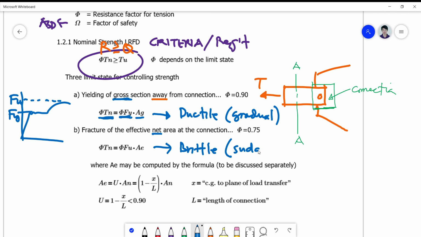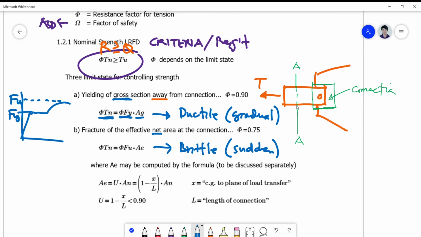Okay, so imagine the bolt here becomes destroyed, or maybe the part of the steel here failed due to shear. Then this becomes a brittle failure.